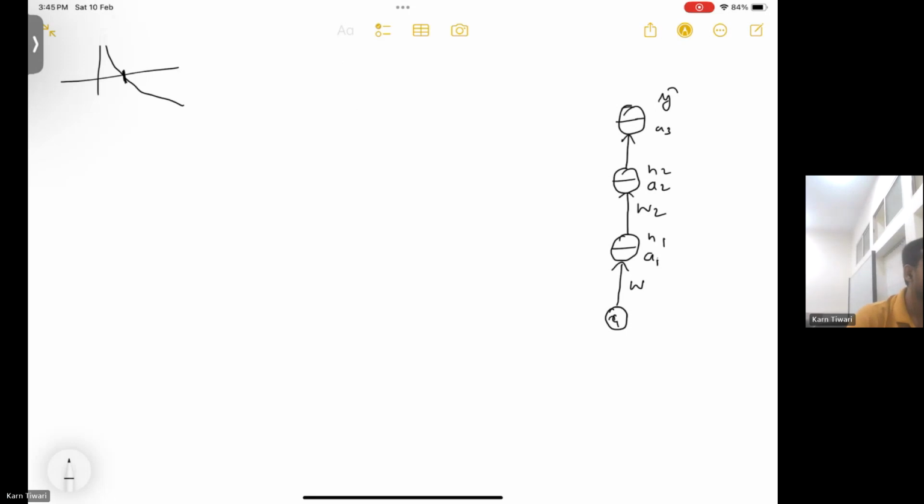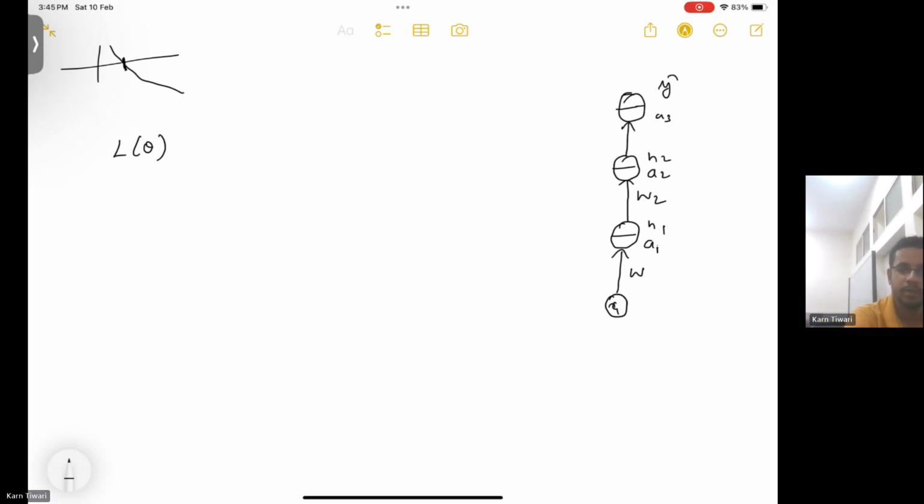So basically my loss is a function of theta, because the loss takes y hat and gives you the loss corresponding to that. In this case we have W1, W2, W3. The loss will be of a certain form, I'm not assuming it, it depends.